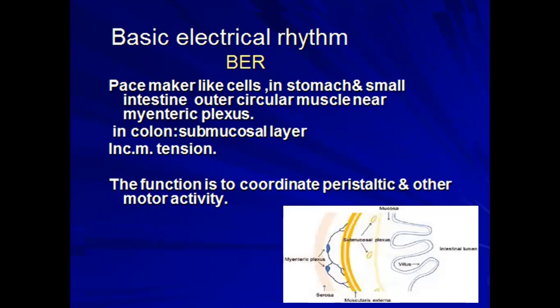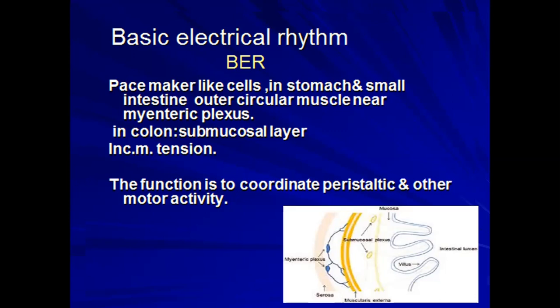The first type of electrical activity is called the basic electrical rhythm. There are pacemaker-like cells, the interstitial cells of Cajal, in the stomach and the small intestine, near the outer circular muscle where there is the myenteric plexus, as you remember.